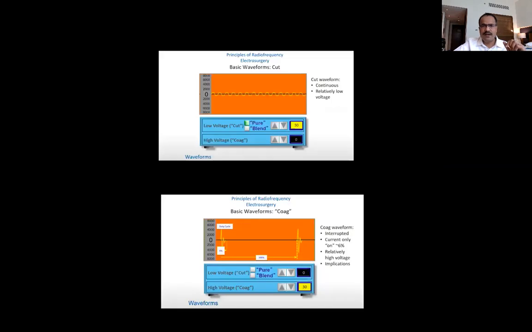In blended current the duty cycle changes. Here you will appreciate it is not very low voltage and not very high voltage. It is in between, but it is not a combination of low and high, it is not irregular. It is a regular pattern, but it is more than the low voltage and less than the high voltage.